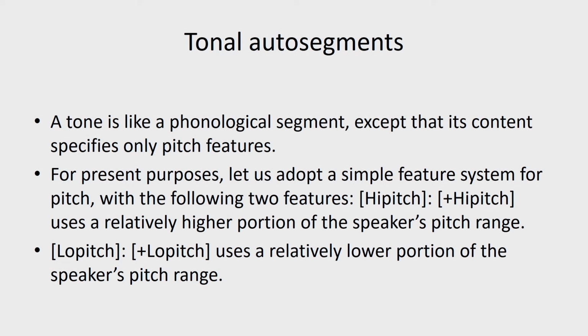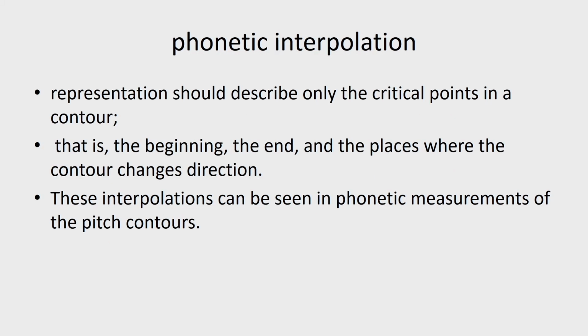For present purposes, let us adopt a simple feature system for pitch, and then we can have two features, say plus high pitch or minus high pitch, or plus low pitch or minus low pitch. This is a kind of representation that is used in phonology to understand pitch in terms of binary features like high and low.